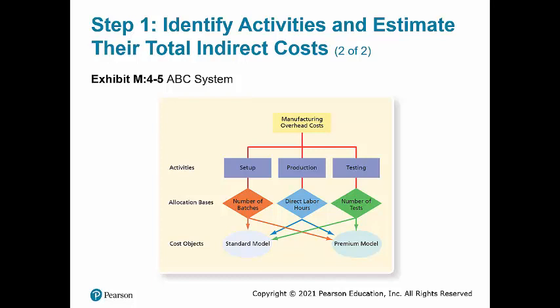Within setup, they have identified the allocation base to be the number of batches. For production, they have identified direct labor hours, and in testing, the number of tests. First, they will need to estimate the total manufacturing overhead for each activity. Then they have to estimate their total allocation base to get the predetermined overhead rate, which will be used to allocate the manufacturing overhead to the standard and the premium models.